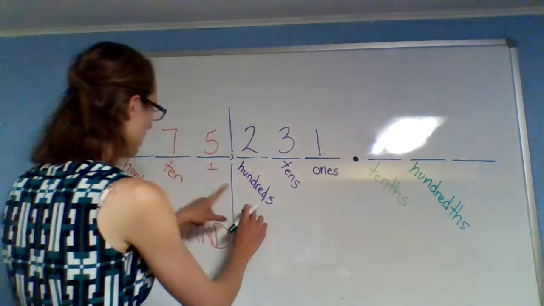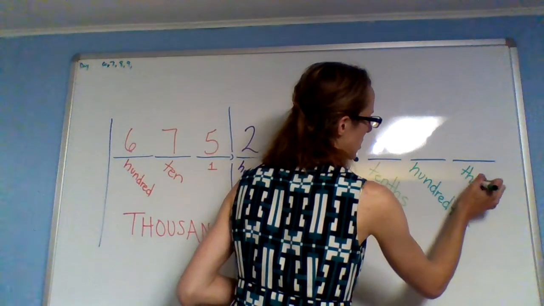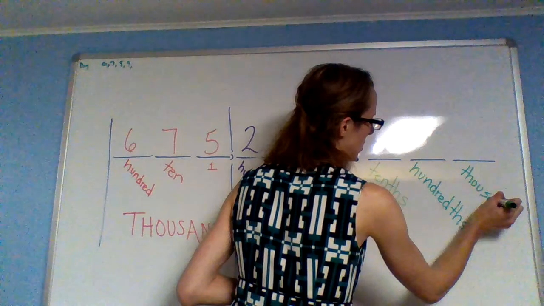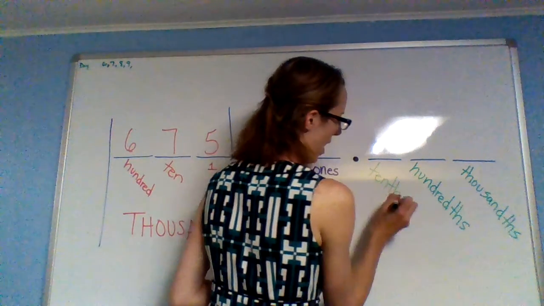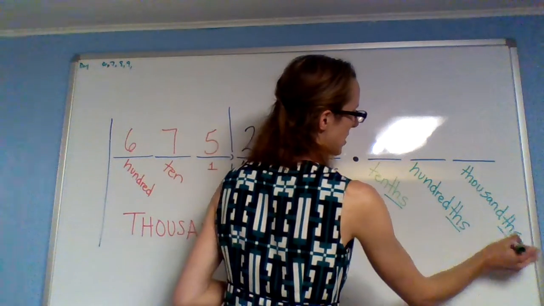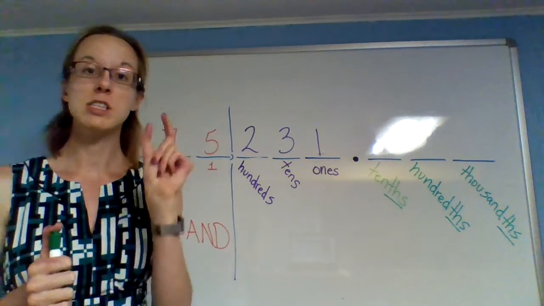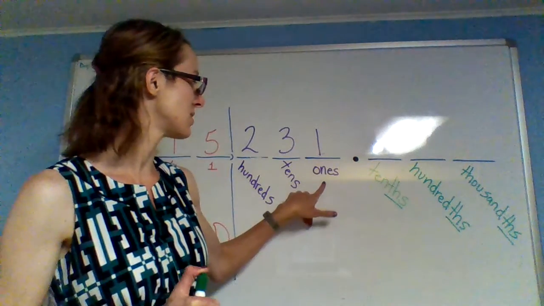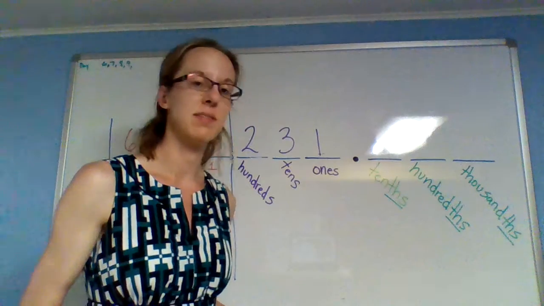And then we get to thousandths. Adding those TH endings are the clues to you that you are talking about small numbers, less than 1, that are falling in the decimal side of things.